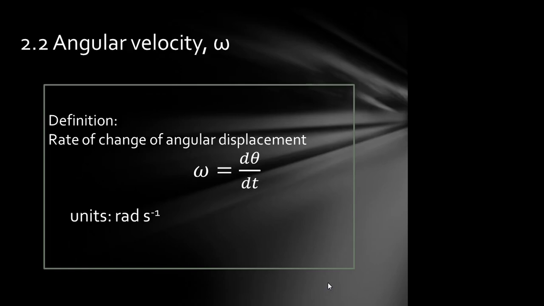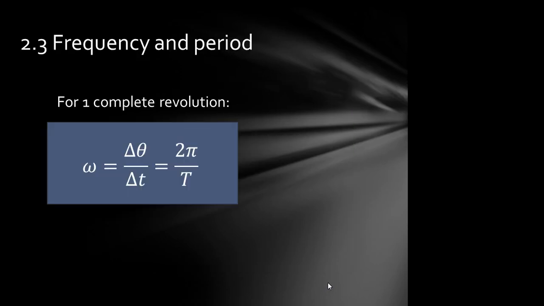So omega, this W-shaped thing here, is the symbol for angular velocity. Its unit should be radians per second, just like velocity. So what can we do with it?